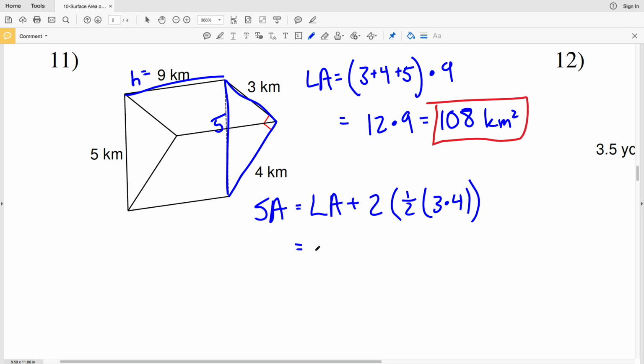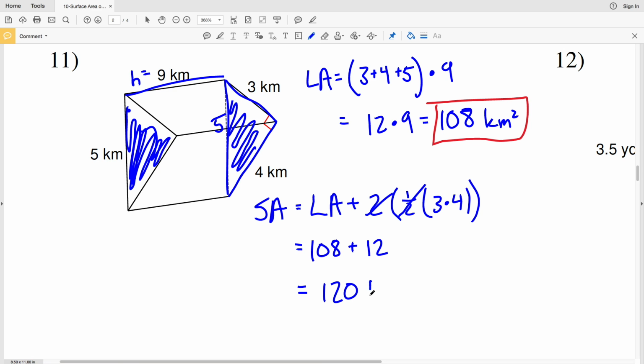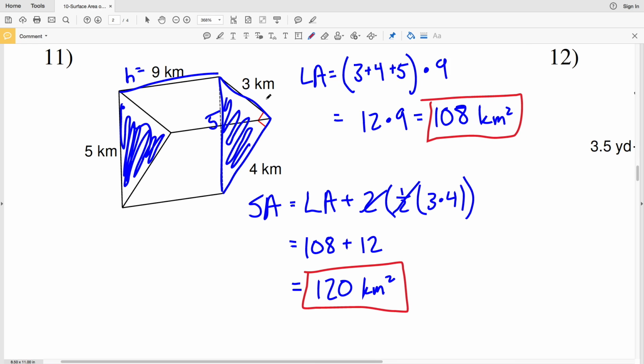So plugging in lateral area of 108, we're going to add that to 2 times 1/2 times 3 times 4. 2 times 1/2 is simply 1, and 3 times 4 is 12. So our surface area is 108 plus 12, which again is the lateral area plus the area of both of the bases. 108 plus 12 is 120, and this is kilometers squared. So lateral area is 108 and surface area is 120 for number 11.